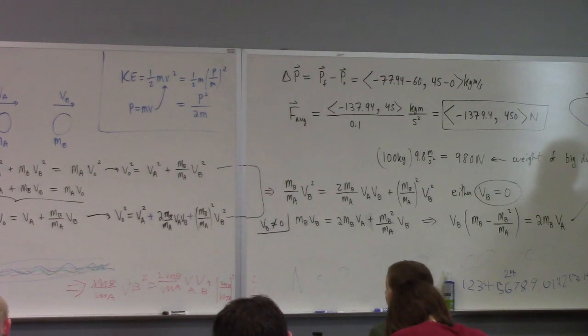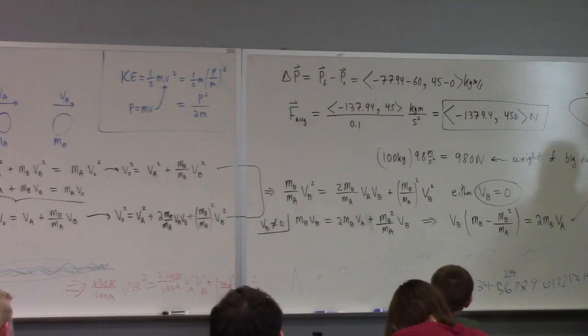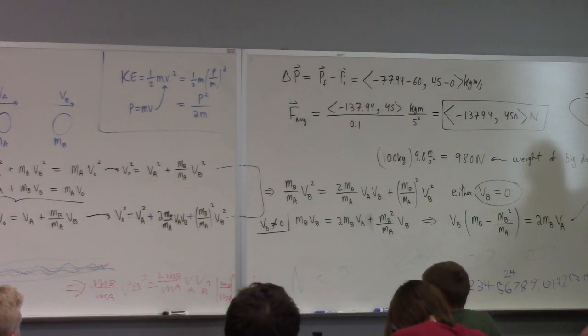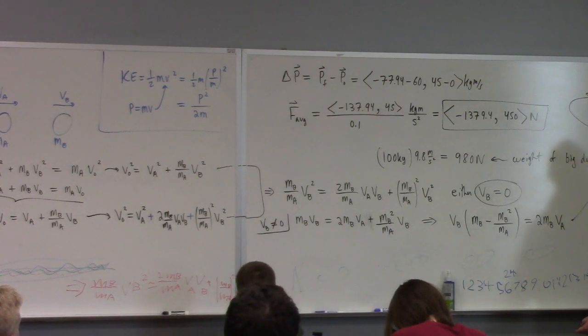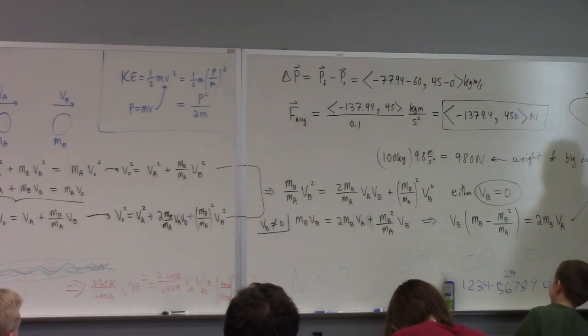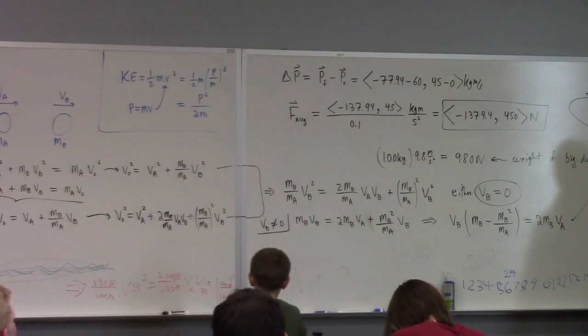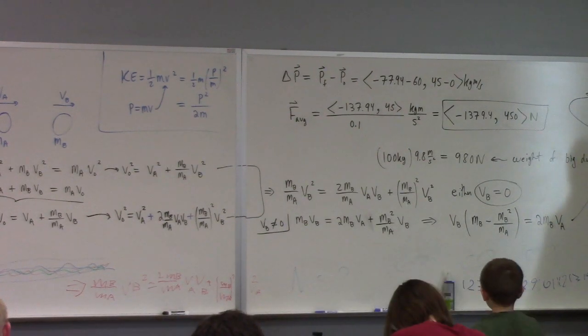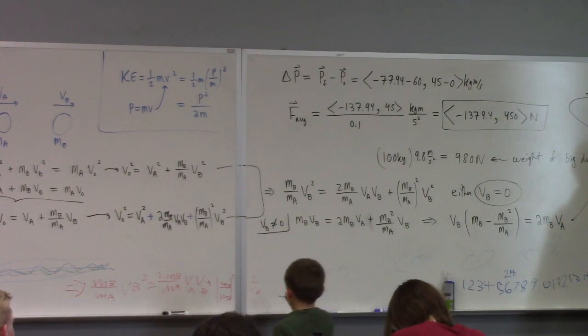I like that. So, goodness gracious, too much. 2 VA is equal to VB times 1 minus MB over MA, right?